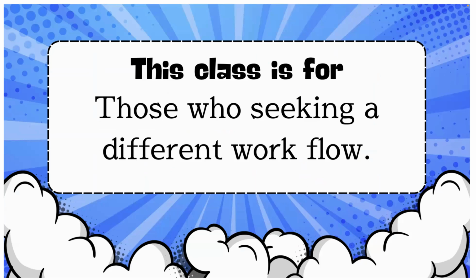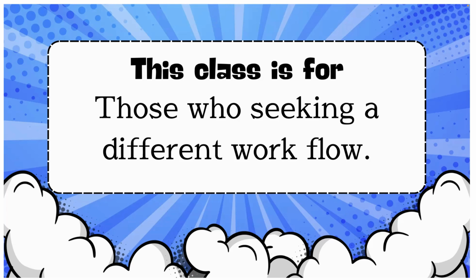So in this class, it's for the people who seek a different workflow or learn a new workflow on how to get the best possible outline for your story. Because how many times we hear a person says, I tried the outline, there's not enough chapter, there's not enough information, there's not enough this, then there's none of that, or it's totally the wrong one.